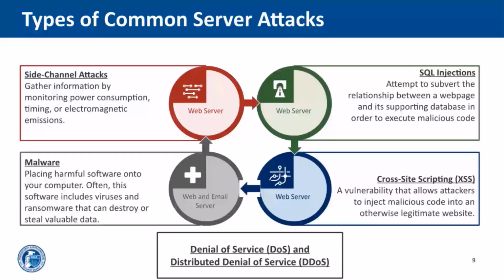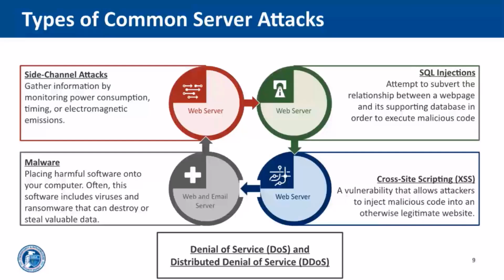Now, SQL injection aims to modify databases and extract valuable information from your server by placing malicious code in SQL statements on a web page. And malware involves placing harmful software into your database. Usually the software includes viruses or ransomware that can destroy your data.